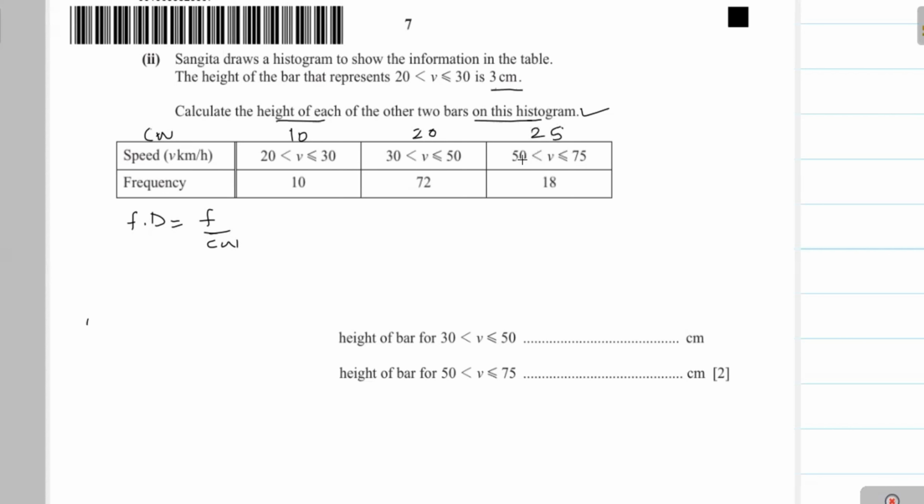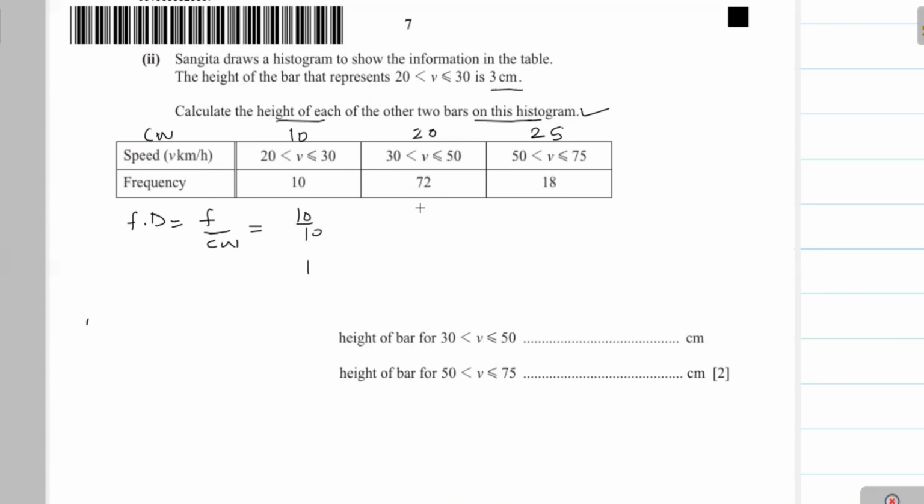In class width, we calculate by subtracting the upper limit minus the lower limit, and we get the class width. To calculate the frequency density, we divide the frequency by the class width. Therefore, 10 over 10 is equal to 1.